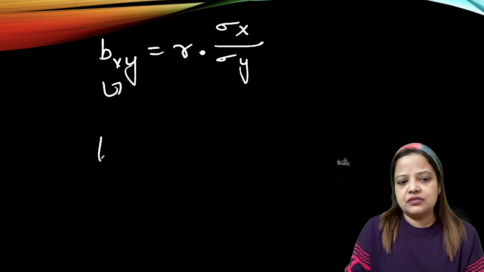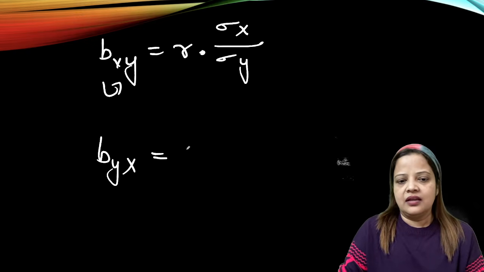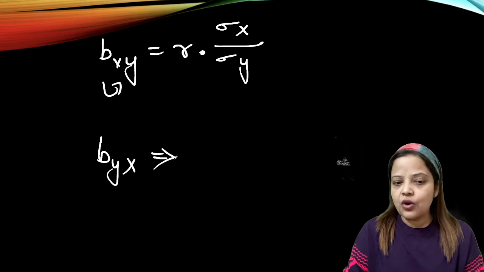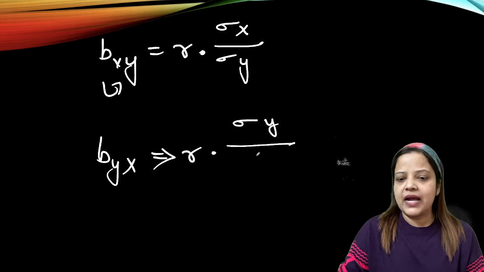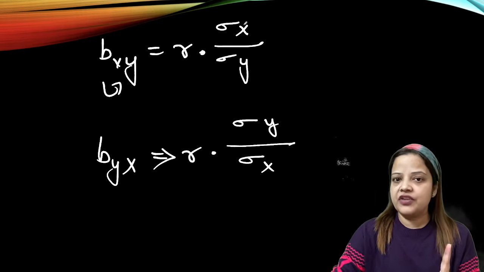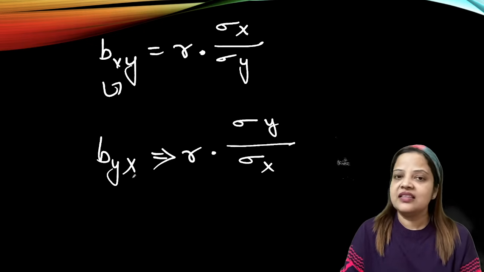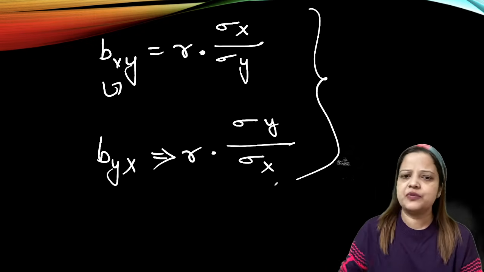The second is b y on x. The formula of b y on x is the correlation coefficient into the standard deviation of y divided by the standard deviation of x. If it is x on y, the standard deviation of x will be the numerator, and if it is y on x, then the standard deviation of y will be the numerator. So this is the minor difference between them.